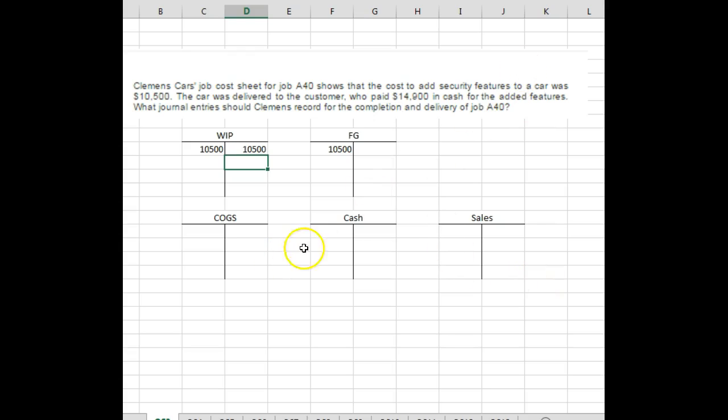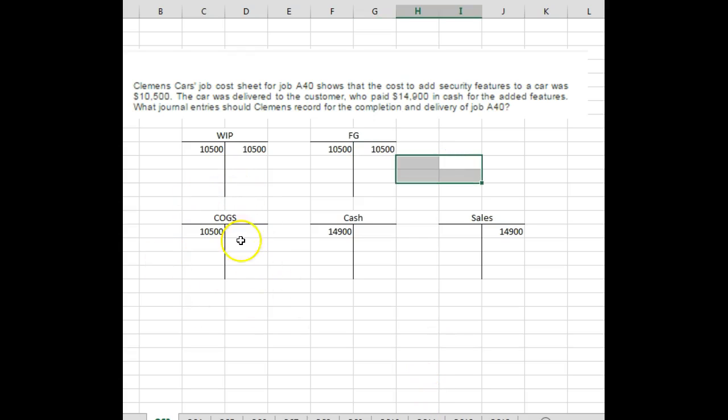He pays me $14,900. That gets a debit to cash and a credit to sales. But I've got to get it out of here and into cost of goods sold, right? So first I put it into cost of goods sold, and then I credit the finished goods.